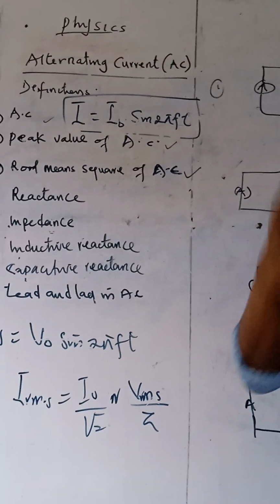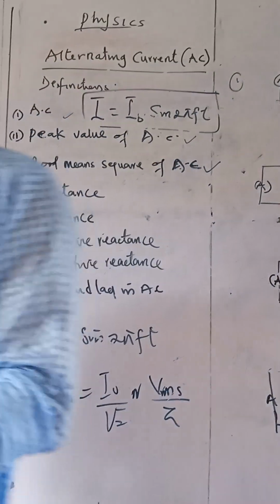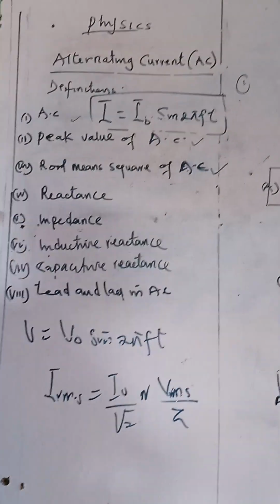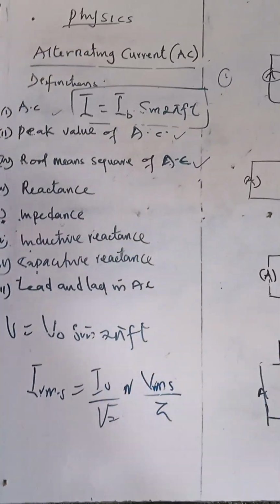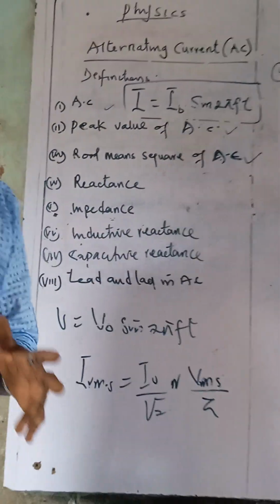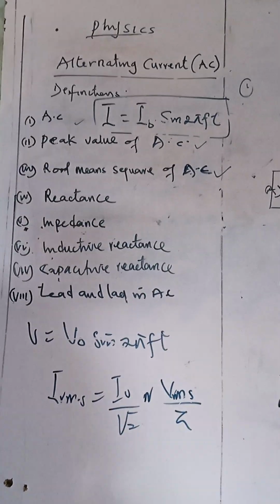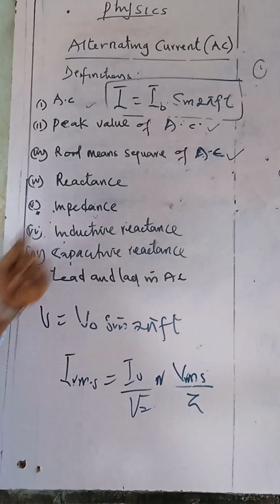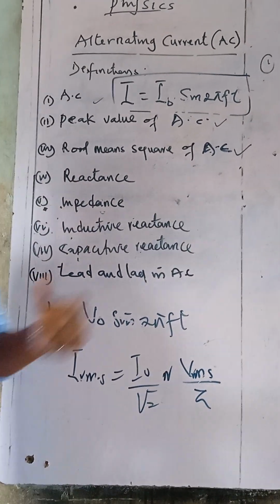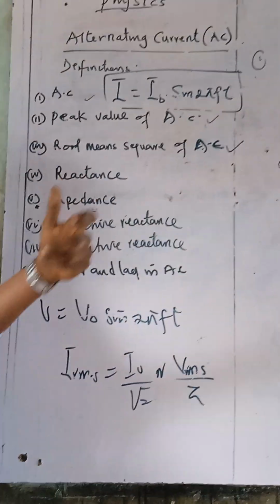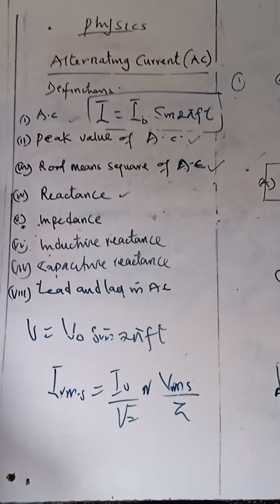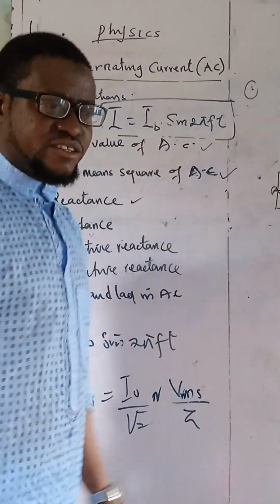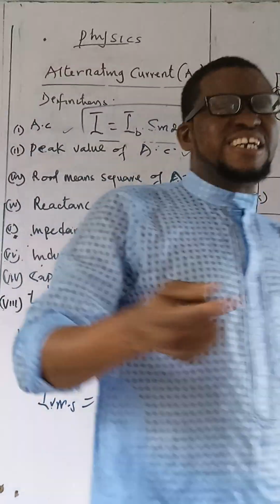Now, if two of these three are doing the work of regulation, meaning only the capacitor and only the inductor, meaning in the circle there is no resistor. We only have capacitor and we only have inductor in the circle. Then that is what is called reactance.